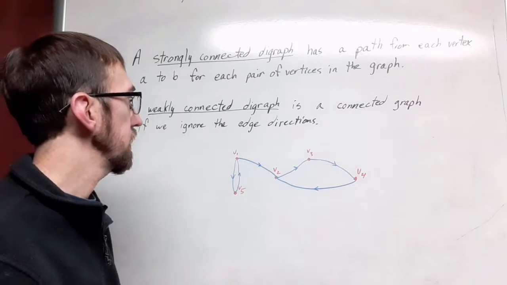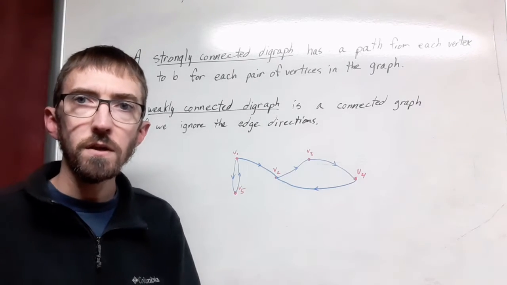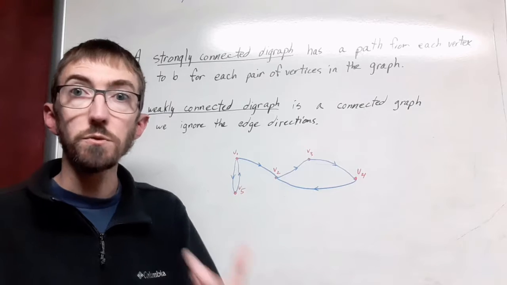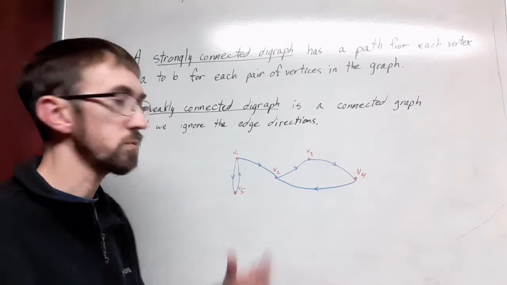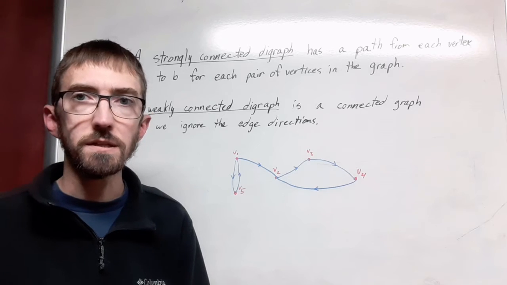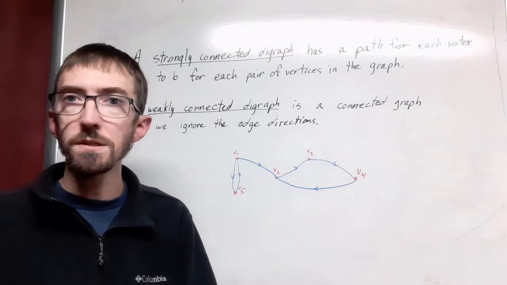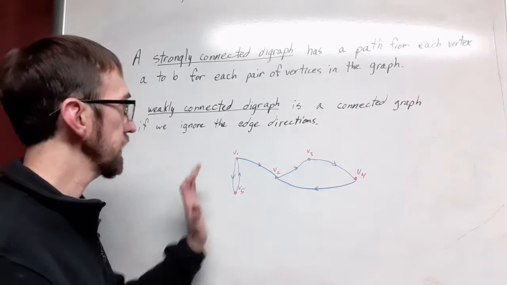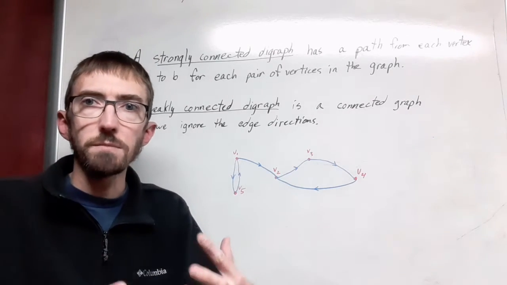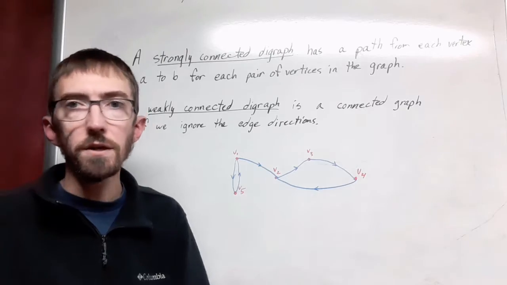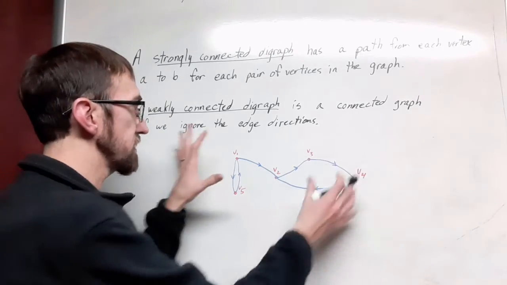And so we can modify this graph and try to build a strongly connected digraph, but as it stands right now, I do not have a strongly connected digraph. Is it weakly connected? If I ignore the directions, are all the vertices connected to the main body of the graph? They are. I don't have any other pieces floating out here.